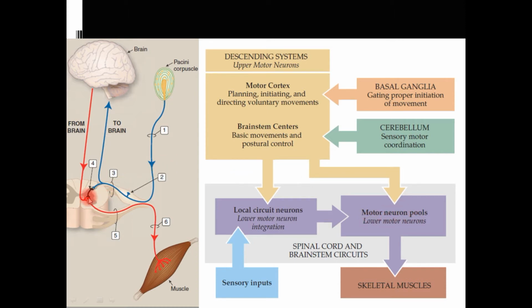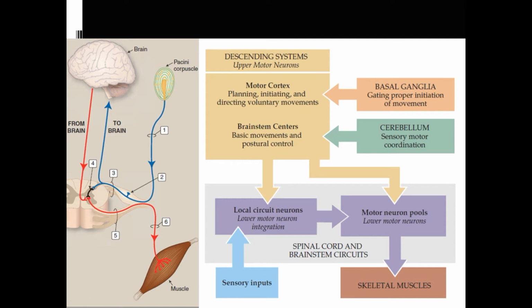This motor neuron pool is the pool of motor neurons which are coming out of the spinal cord. These are also called as alpha motor neuron or the final common pathway, because the effect of all the brain, motor cortex, brainstem areas finally affect this pathway, which is the ultimate single pathway to come to the muscle. That is why it is called as the final common pathway, or also called as lower motor neuron.